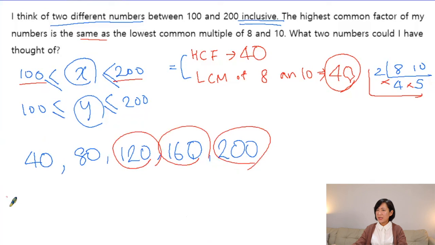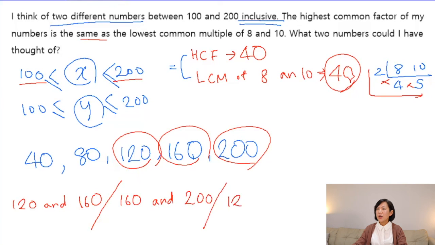That's why we can say we found all the numbers, but the question is asking you to find the two different numbers, so you can make different pairs, right? So it can be 120 and 160, your two numbers can be 160 and 200, and your numbers can be 120 and 200. So all of them can be the answer.